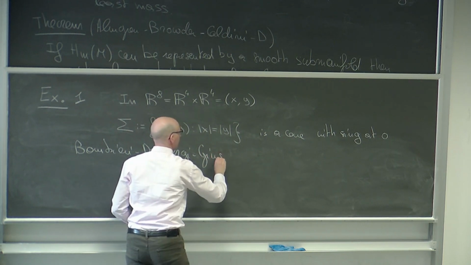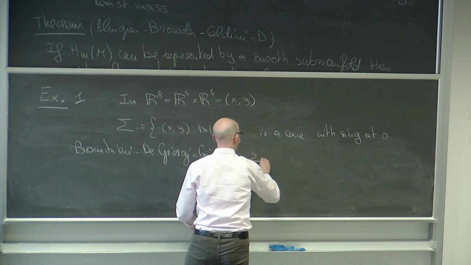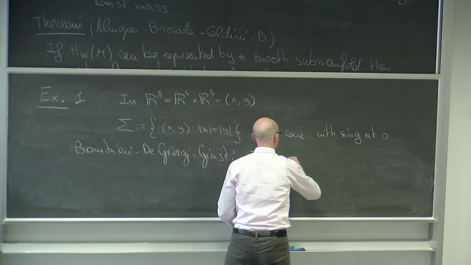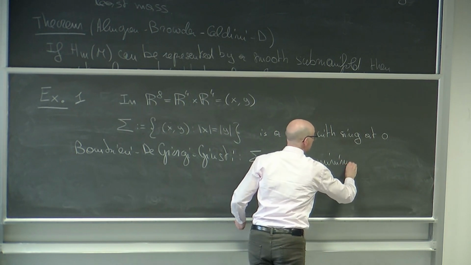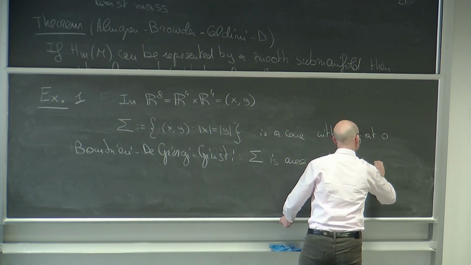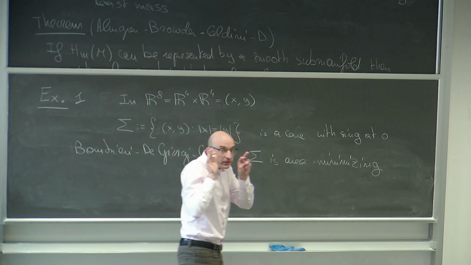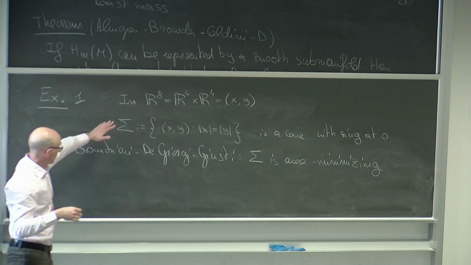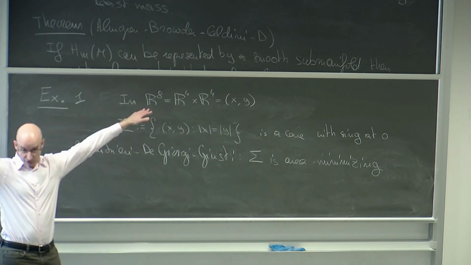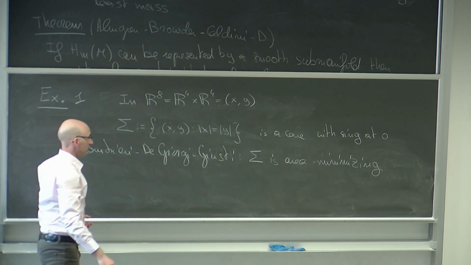So let me just summarize what I told you by saying sigma is area minimizing. But it's in fact much better than that, because it's kind of unique area minimizing if you're only perturbing with something which is compactly supported, so that it coincides with it outside of a large ball.